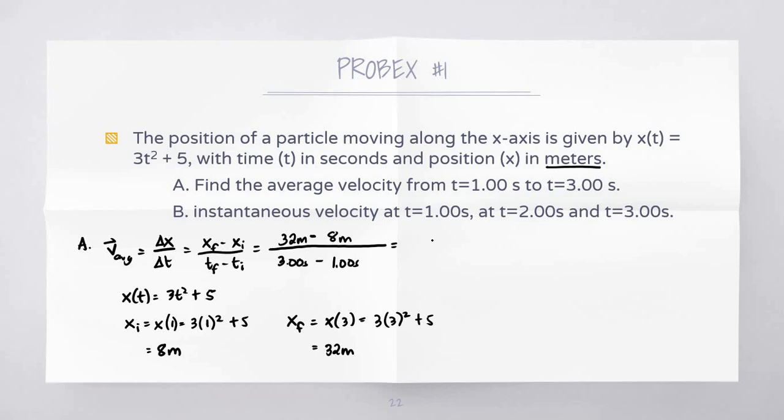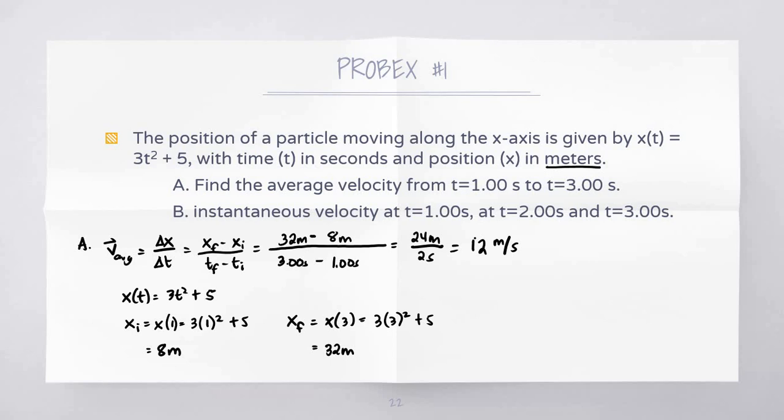So this gives us an answer of 32 minus 8 is 24. 24 meters all over 2 seconds, which then gives us a final answer of 12 meters per second.